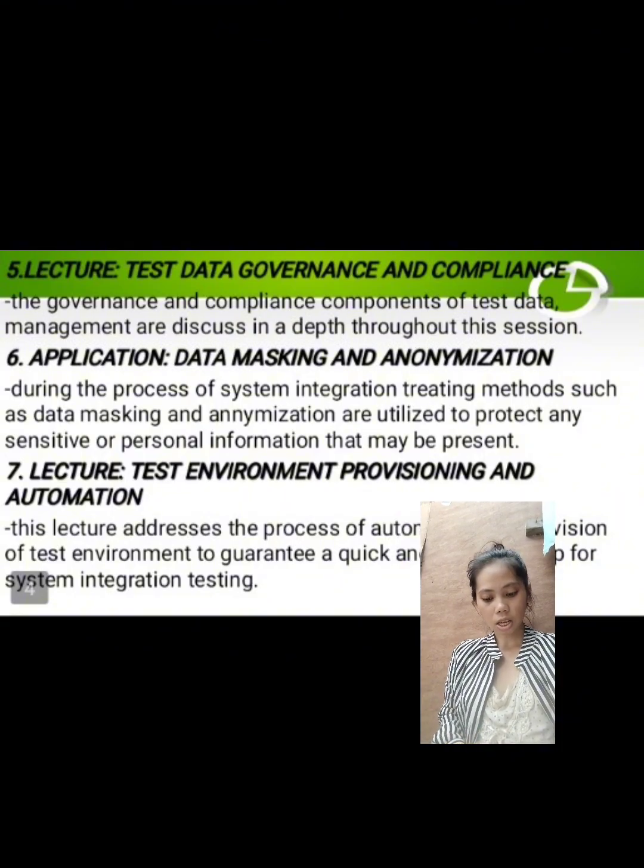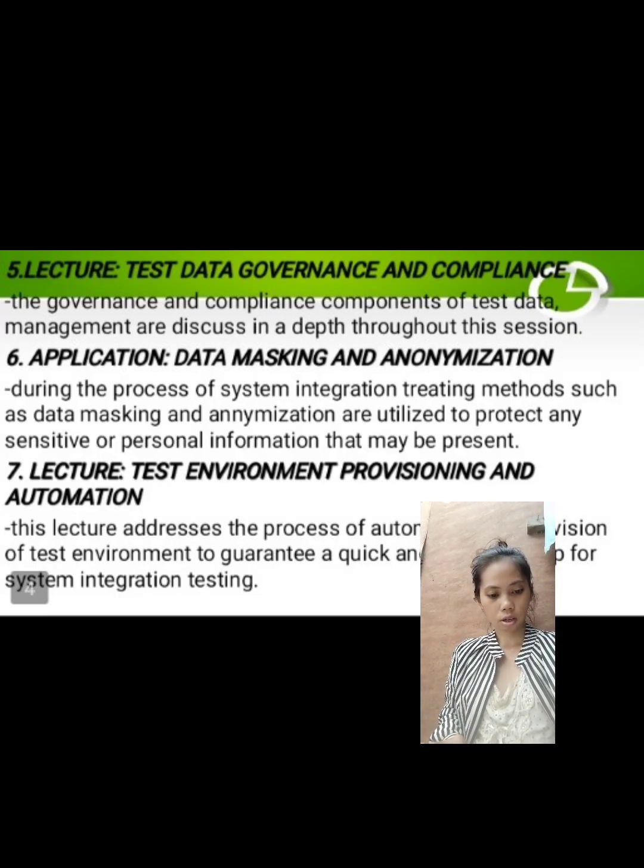Data privacy requirements, data masking strategies, data retention policies, and the need for securing sensitive or confidential data during system integration testing. Example, masked or fake data is used instead of real GCash user data to protect customer privacy during tests.